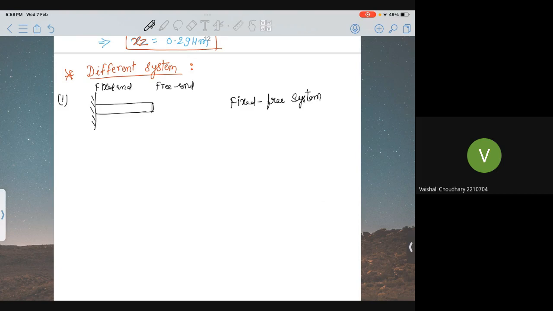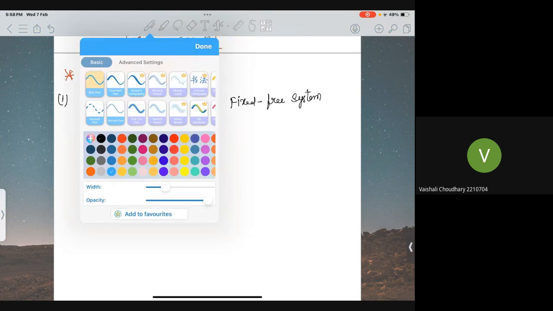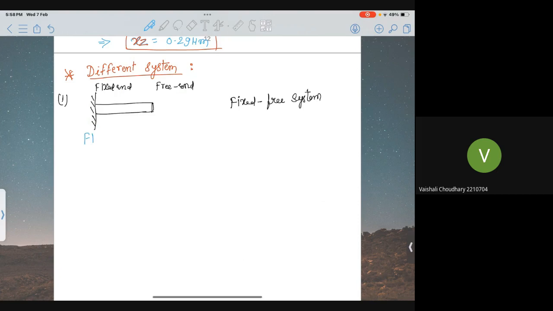And if we draw a free body diagram in this case, we'll represent each end with its equivalent forces.